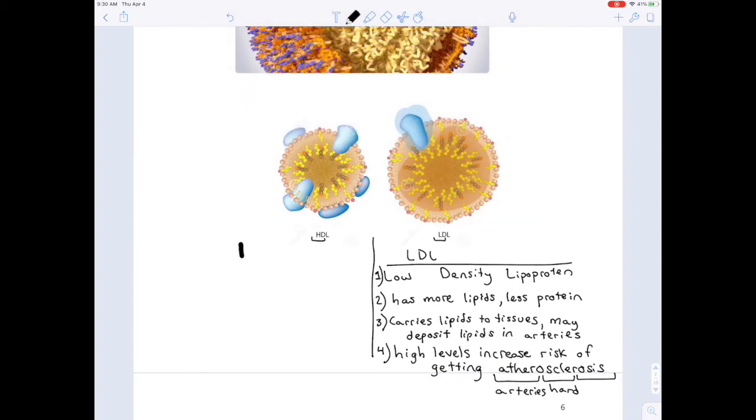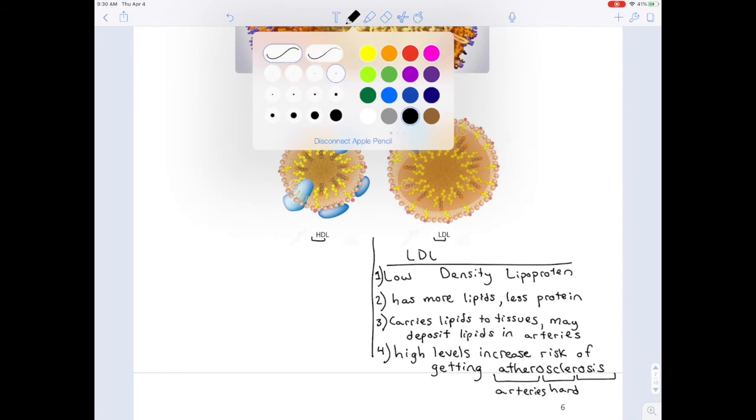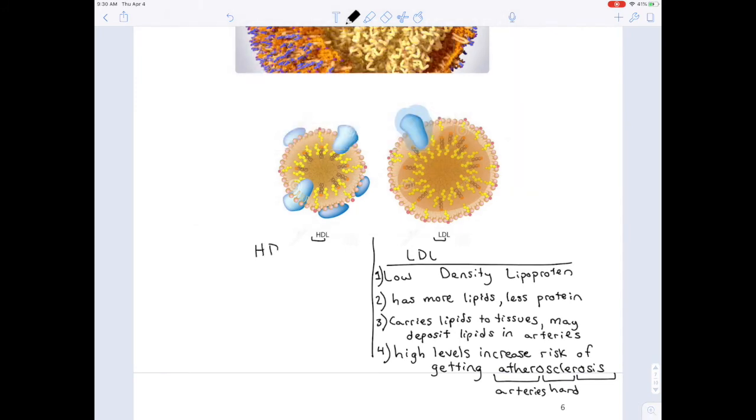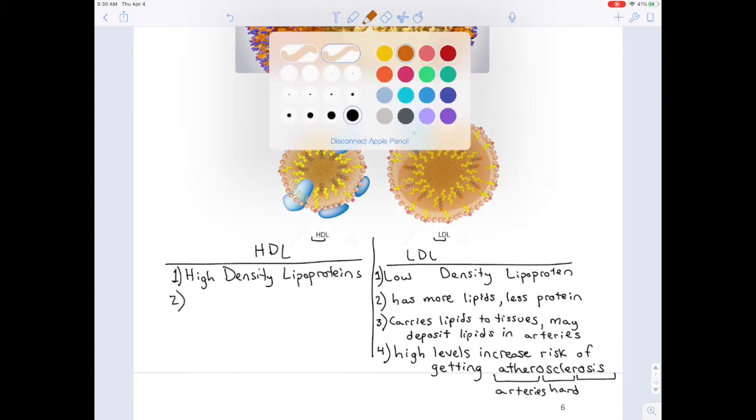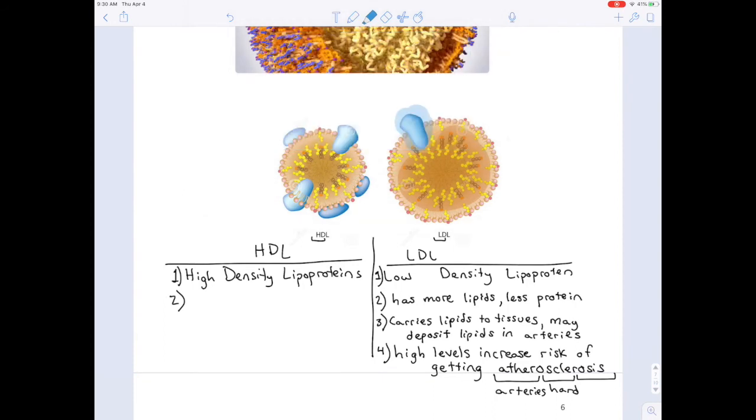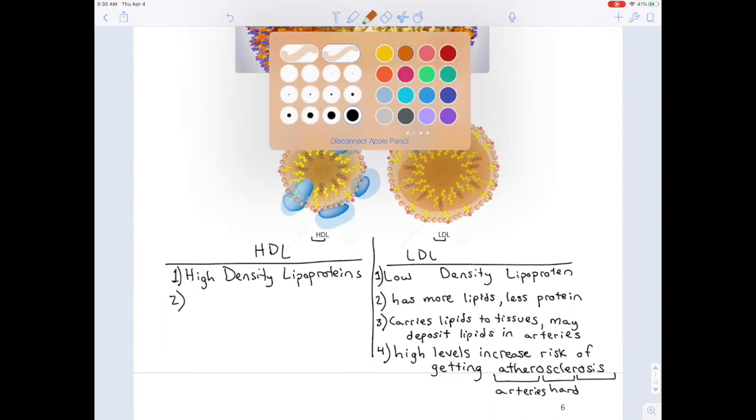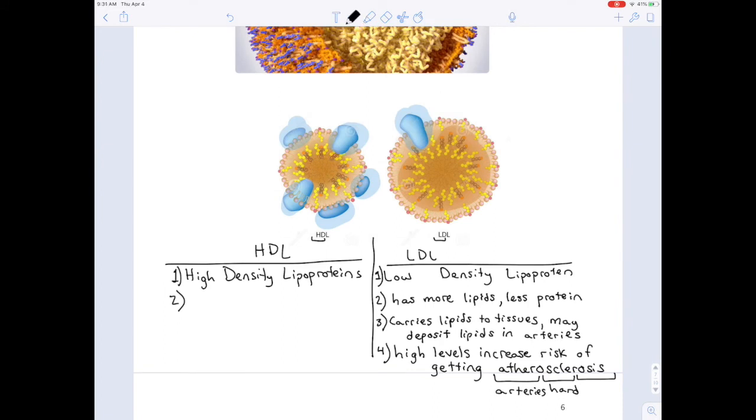You want to know the same 4 things for HDL. So HDL, first, what does it stand for? This stands for high density lipoproteins. And if you look at the diagram, you'll notice this has a lot more proteins on it relative to the low density lipoproteins. So many more proteins and less oil or fat.